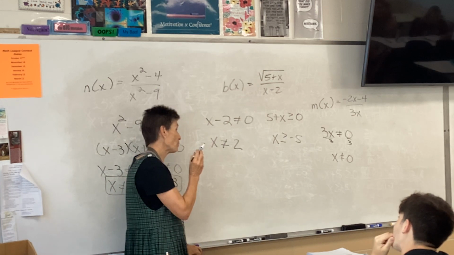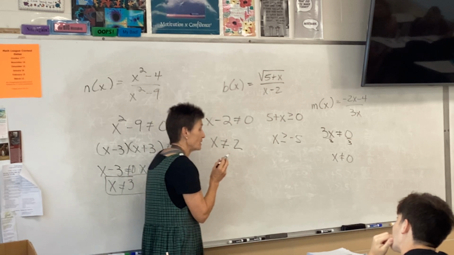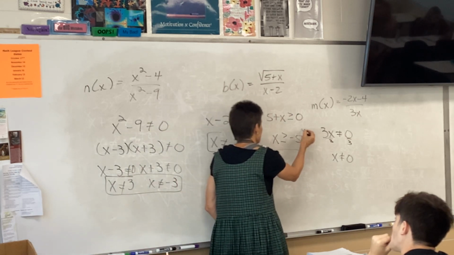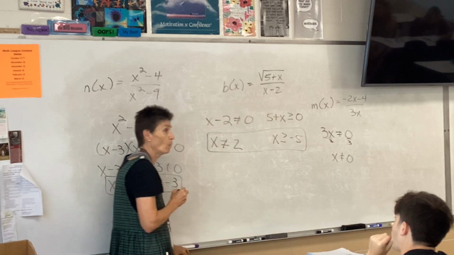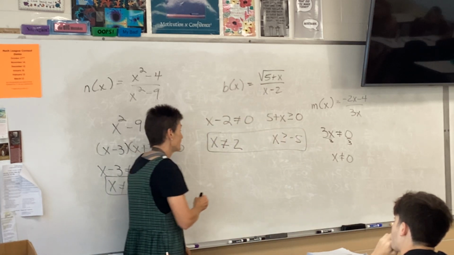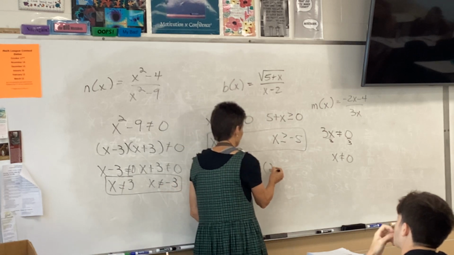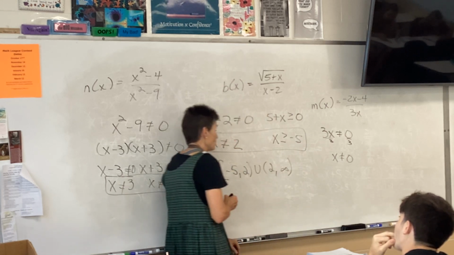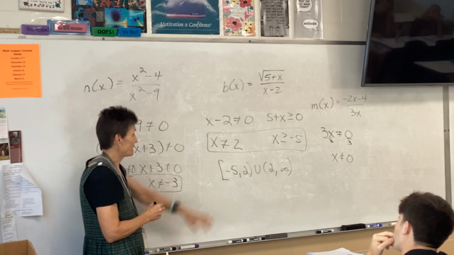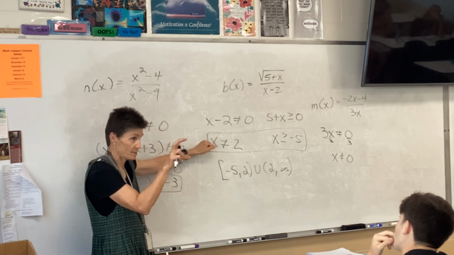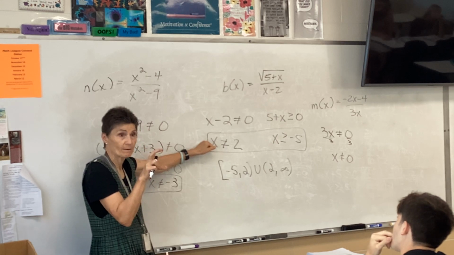Now again, when I write that as an interval, it just complicates everything, so I'm going to let you just leave it like this. If you want to write it as an interval, it would look like this. That would be your interval, but I'm okay with you just writing both parts of the domain issues there.